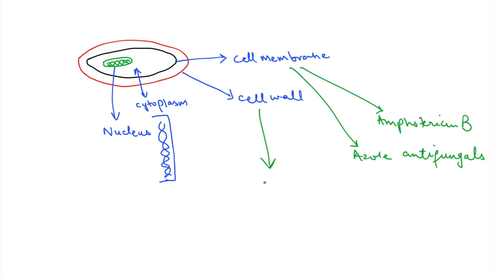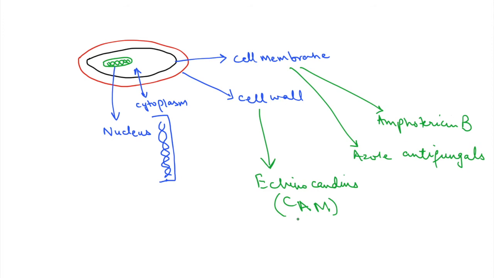So the echinocandins, caspofungin, anidulafungin, micafungin, these drugs target the fungal cell wall. They inhibit the synthesis of glucan, an important component in the fungal cell wall.